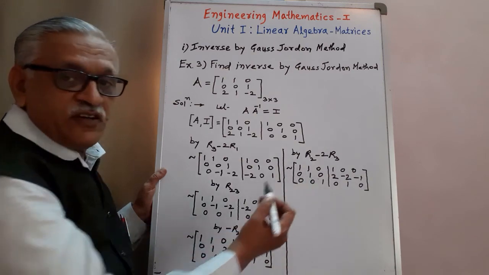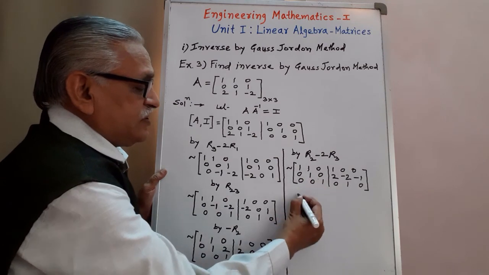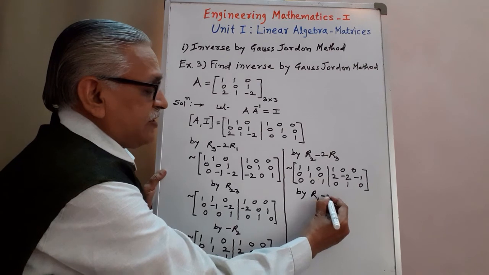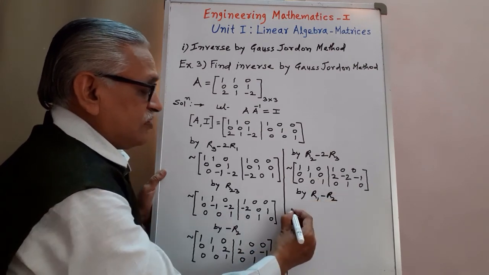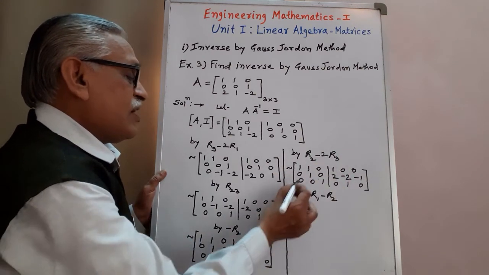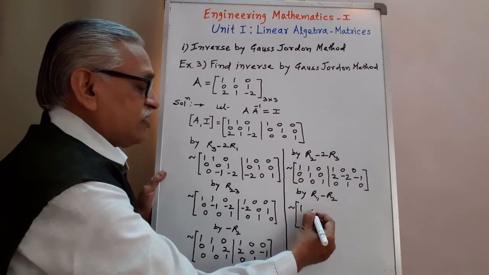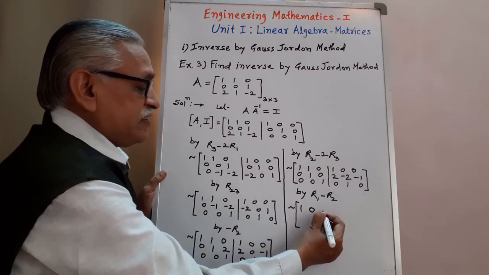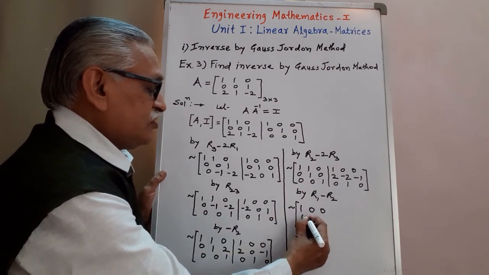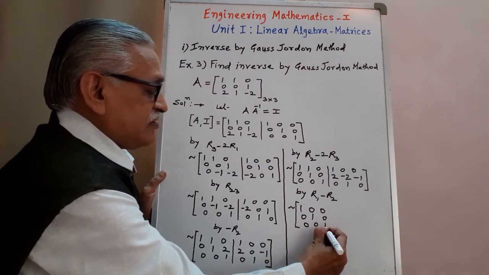Okay, then after getting all elements as 0 in that column, we go for this. With the help of this second diagonal element 1, we try to make this element 0. 1 minus 1 we get 0, means by applying the transformation R1 minus R2 we get: 1 minus 0 we get 1, 1 minus 1 we get 0, 0 minus 0 is 0. Second and third row no change, 0 1 0, 0 0 1.